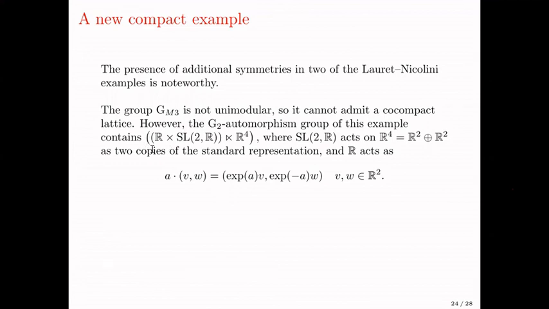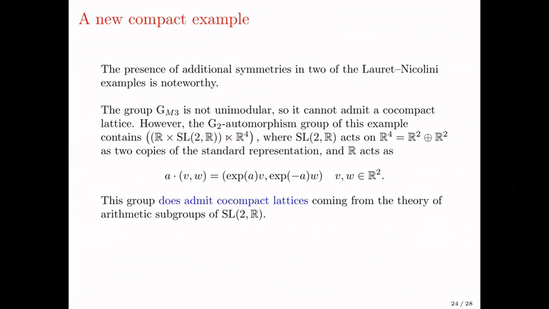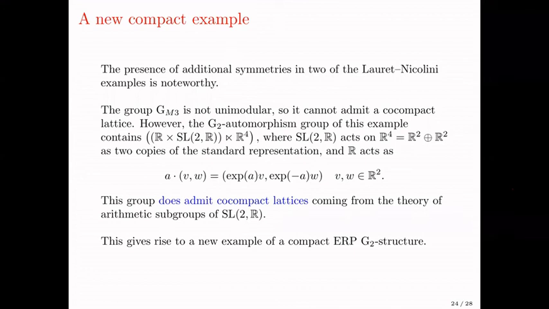It contains this group, where SL2R acts as 2 copies of the standard representation, and this R acts by scaling one of the R directions and inverse scaling the other directions. And it turns out that this G2 automorphism group does admit co-compact lattices that you can get from the theory of arithmetic subgroups of SL2R. So in this way, you get a new example of a compact ERP G2 structure, which is the third family of examples that would appear.